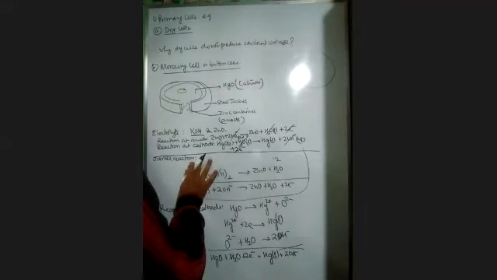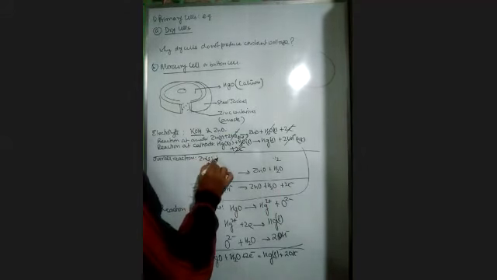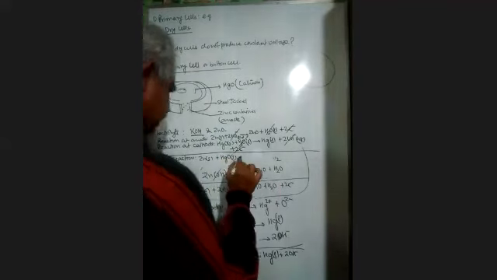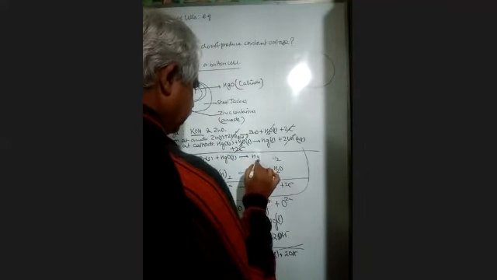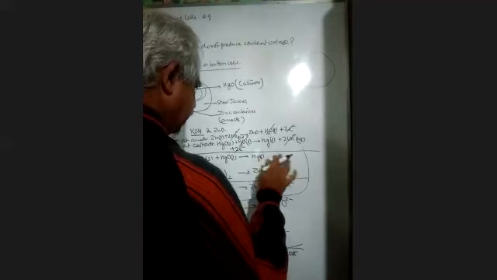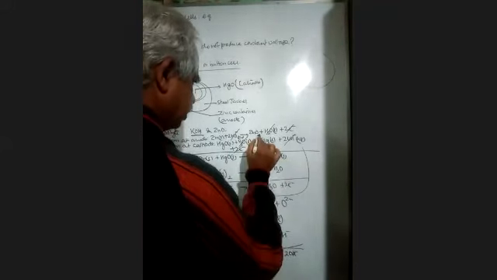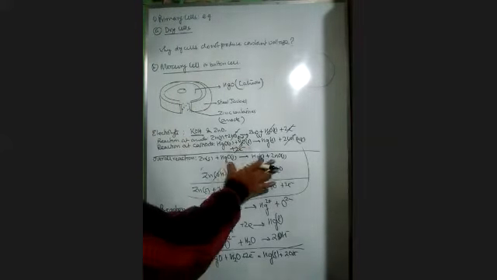So right now here, Zn(s) plus HgO(s), and right now Hg(l) plus zinc oxide (s). So this is the overall reaction.